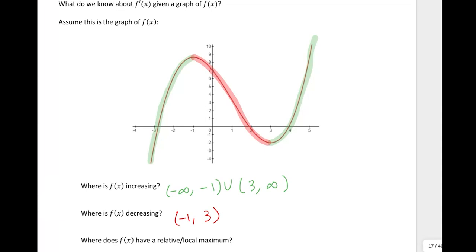Like, what do you think we can say for sure about the derivative if the function is increasing? Let's think about that. So if the function's going up from left to right, and we've got a positive slope, what does that mean about our derivatives? What must be true about the derivative of that graph when the function is increasing?